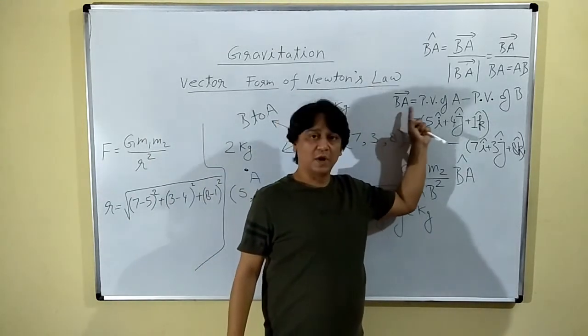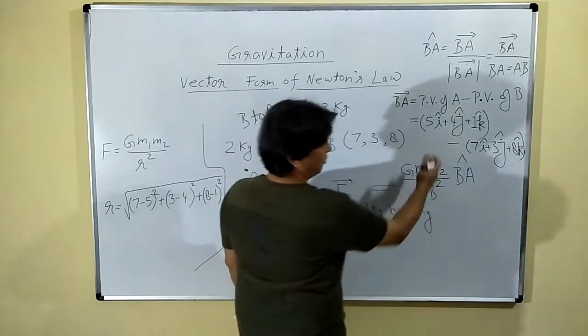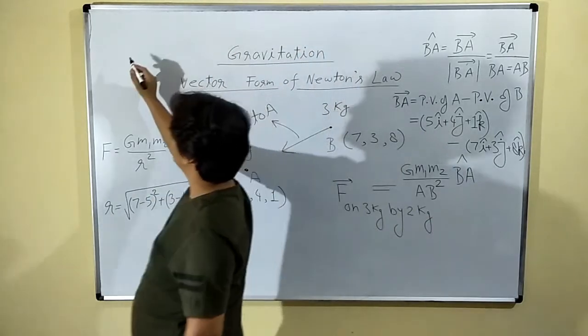This is your BA vector. Which means, what is this BA vector? This BA vector is coming.